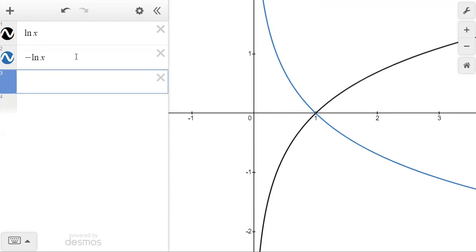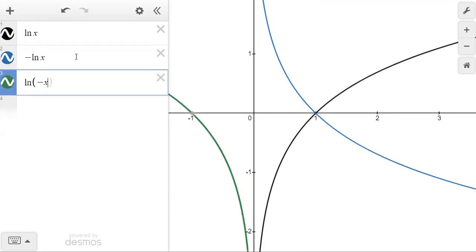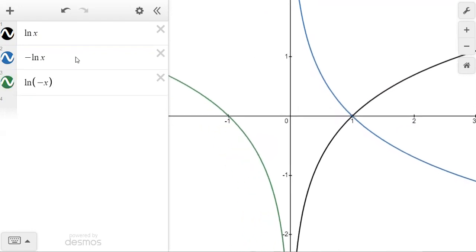And if you take ln of minus x, see, this green is ln of minus x, and blue is minus ln x, and black is the original graph, log x.